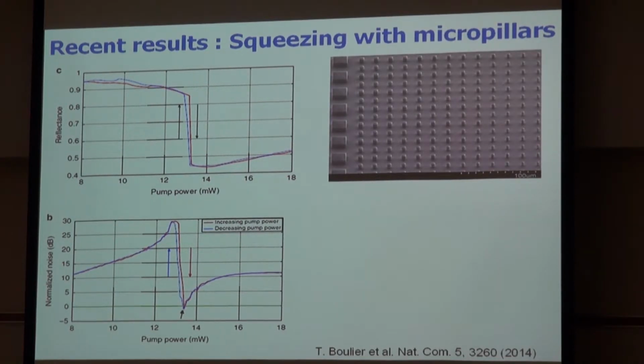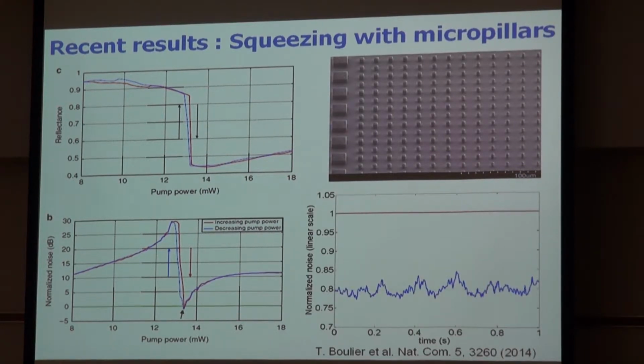And again here we saw bistability, and here we scanned the pump power, and we saw this nice noise dependence on the pump power corresponding to the bistability behavior, with something, as you see, going slightly below shot noise.